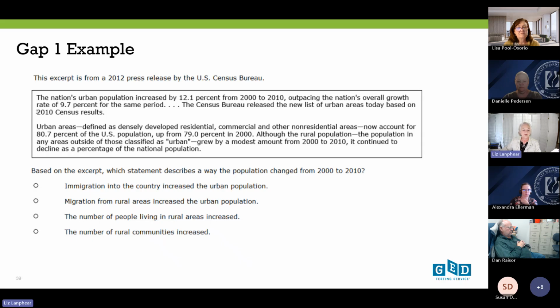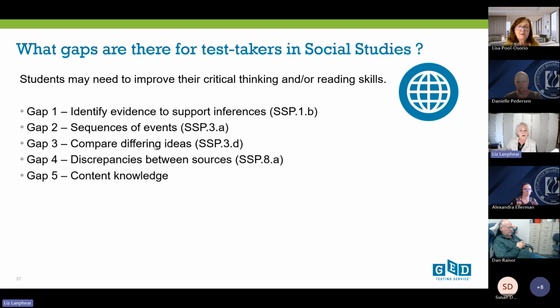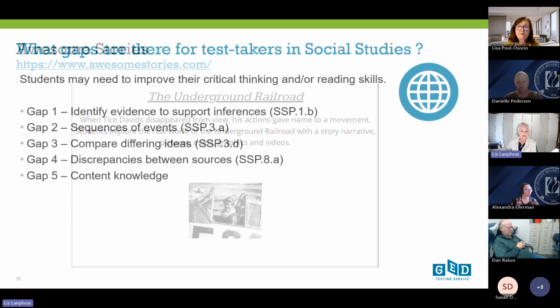So here's another example. Oh, that was the same one, wasn't it? So identifying evidence to support inferences. Did I duplicate? Huh. I just totally duplicated some of my stuff, didn't I?